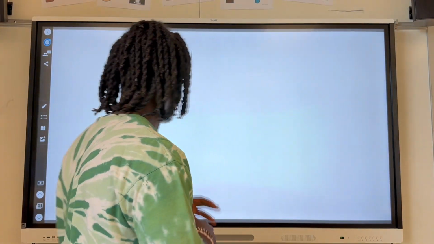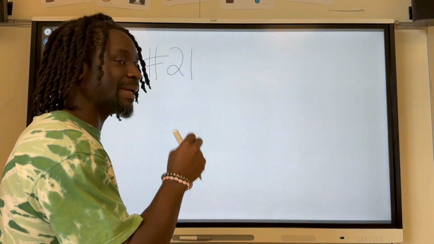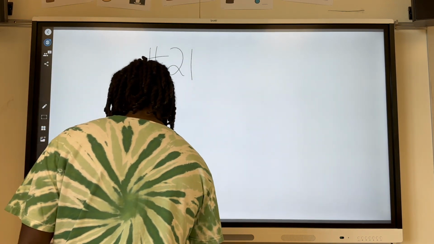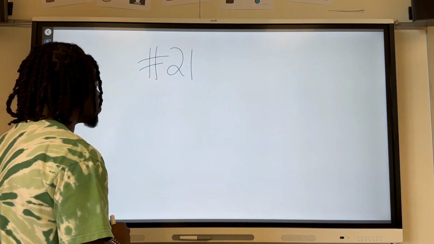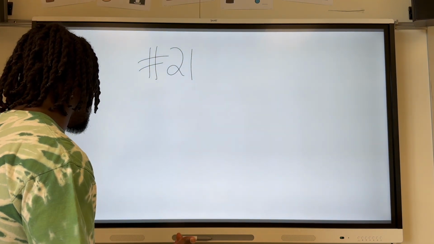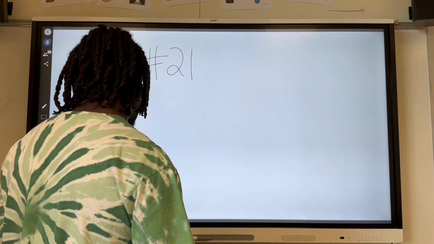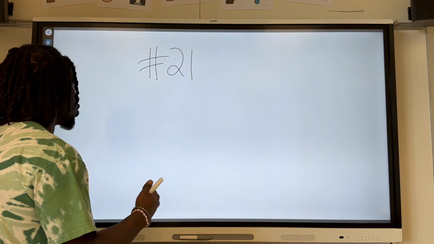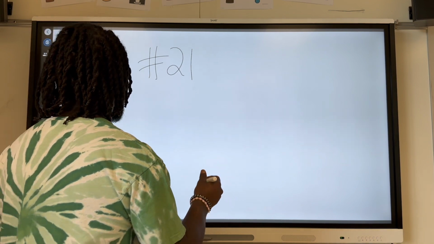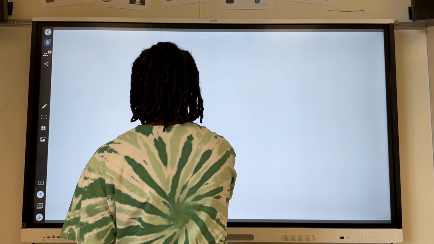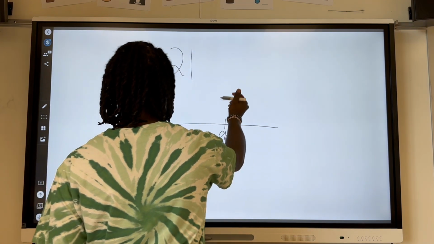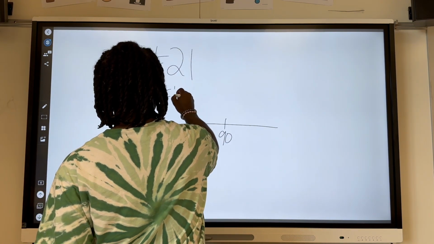Now we back on it with question number 21. It says we got another box plot, and we're trying to figure out the difference between the classes as it relates to who got 90 or more. I'm not gonna draw this whole thing, but I'm looking at 90 and how much is above the 90.